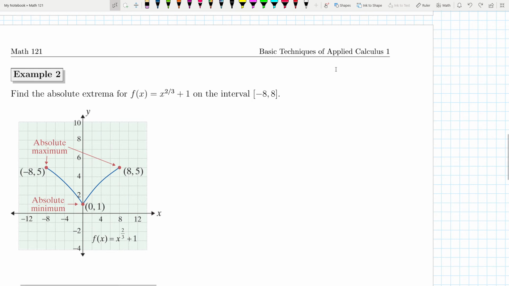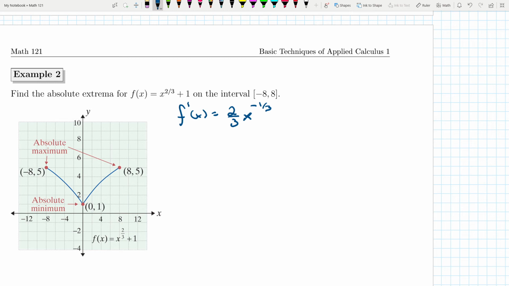Of course, take the first derivative of the function: f prime of x equals 2/3 x to the negative 1/3, using the general power rule, and then the derivative of 1 is simply 0. Well, we need to set the derivative equal to 0.